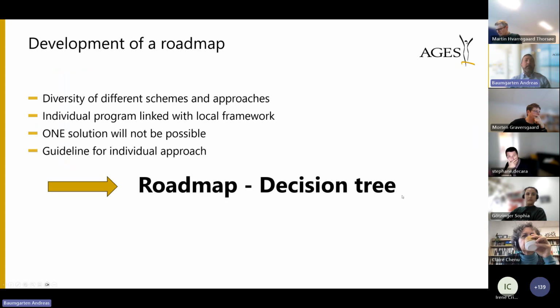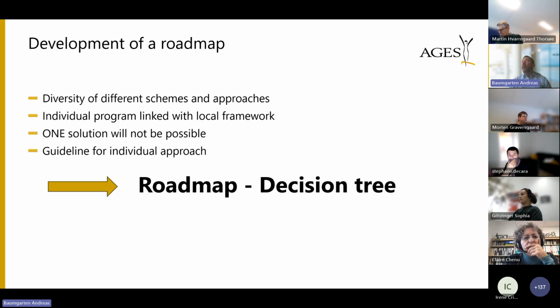So, as you have seen from the presentations, we have a very wide diversity of the schemes and approaches currently in Europe. However, the individual program has to be linked with the local framework. So one solution for all will not be possible, definitely.